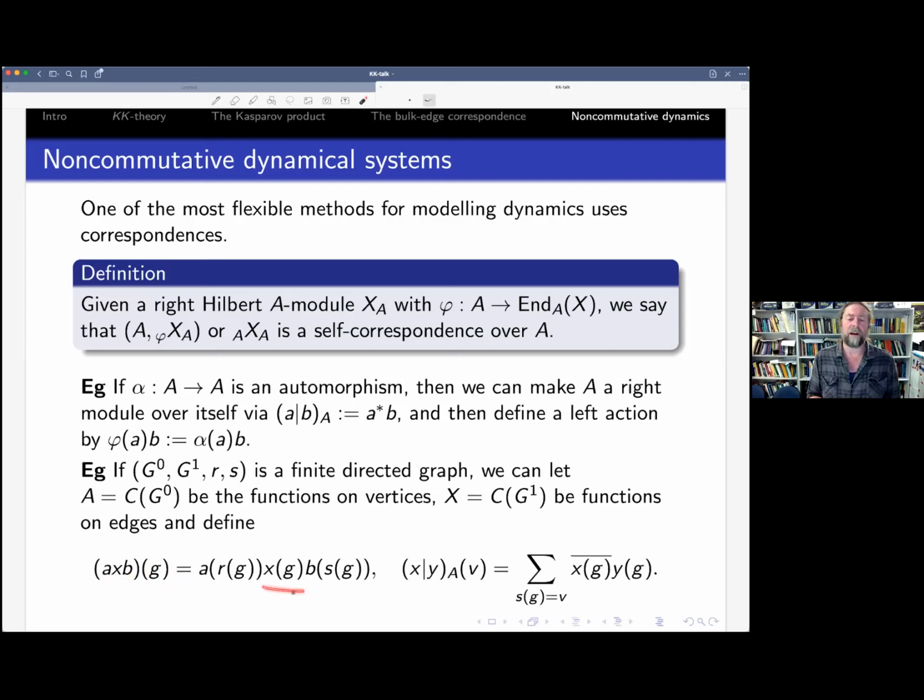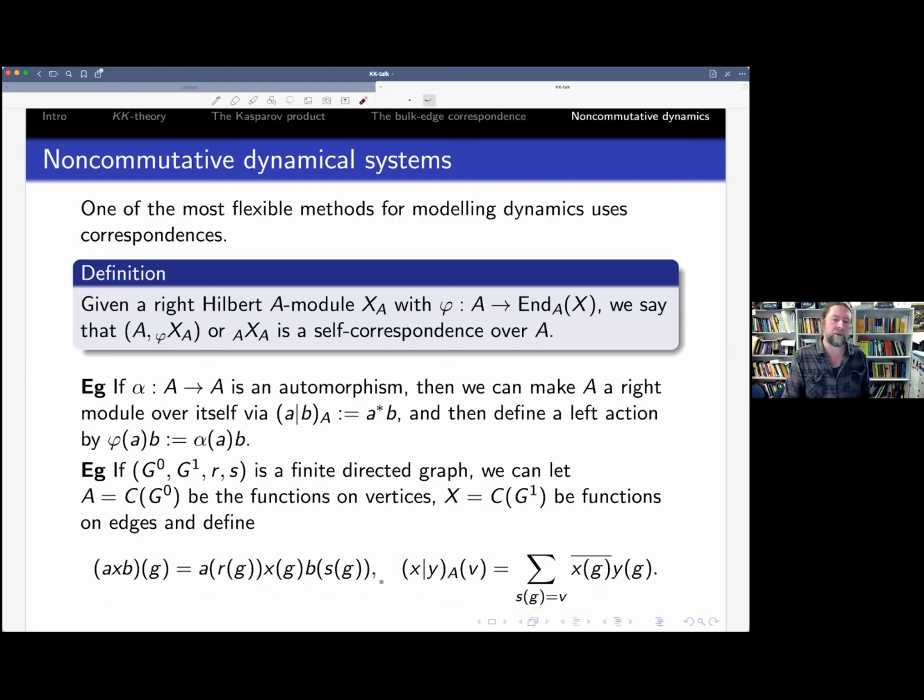So X is just evaluated on the edge, A is evaluated on the range of G, and B is evaluated on the source of G. The inner product sums this product over all edges whose source is that vertex. Okay, so that's how you define a function on vertices out of two functions on edges.